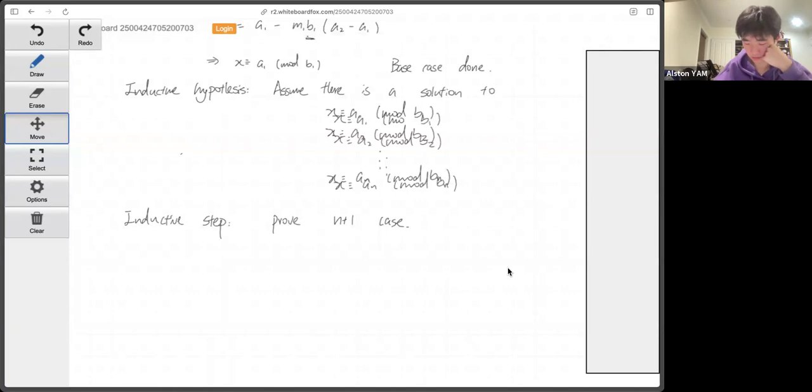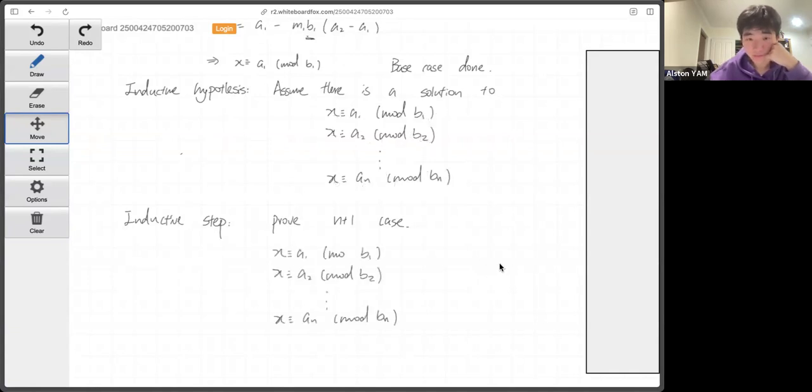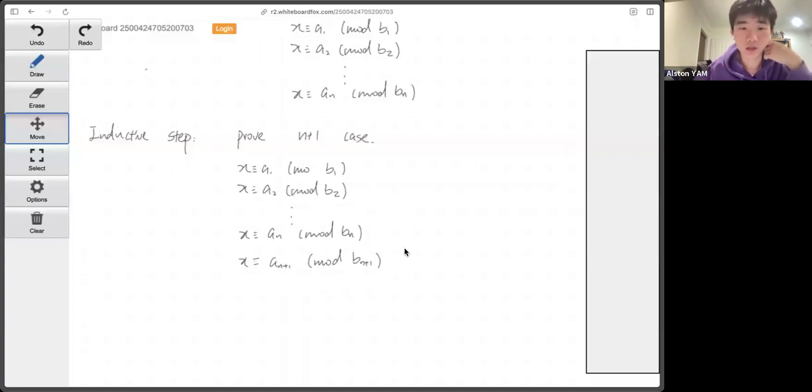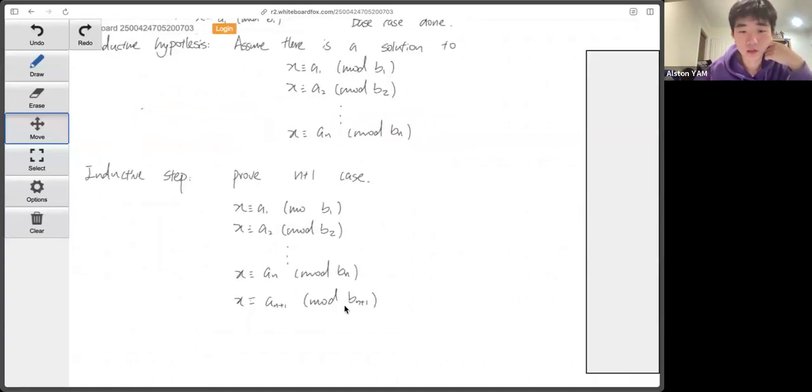I'm just gonna copy that down here. And we also have an extra congruence, a n plus 1 mod b n plus 1. Okay, so we want to prove that this is true.